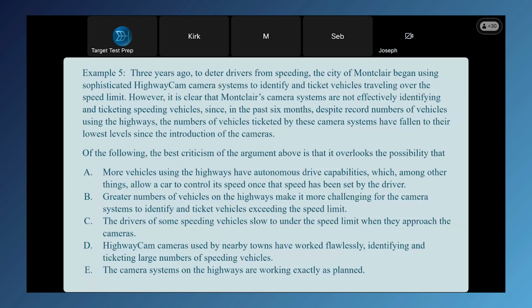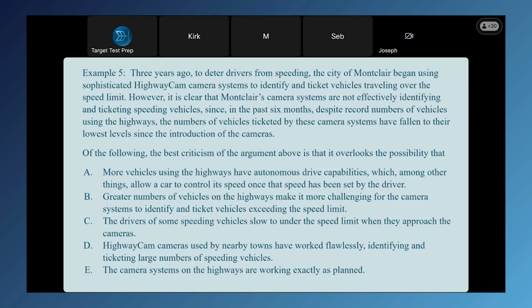C, the drivers of some speeding vehicles slow to under the speed limit when they approach the cameras. Here's the thing. If people are speeding in a non-camera zone and they're like, hey, there's cameras coming up, I'm gonna slow down to where I'm not speeding while I'm by the cameras, and then the cameras don't ticket those cars, then the cameras aren't malfunctioning.